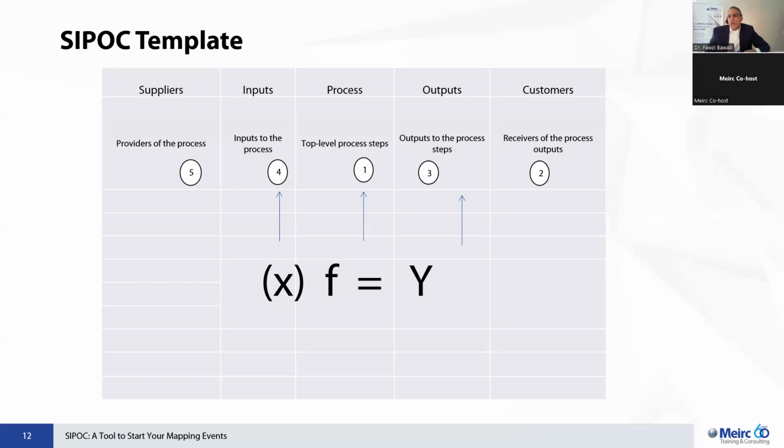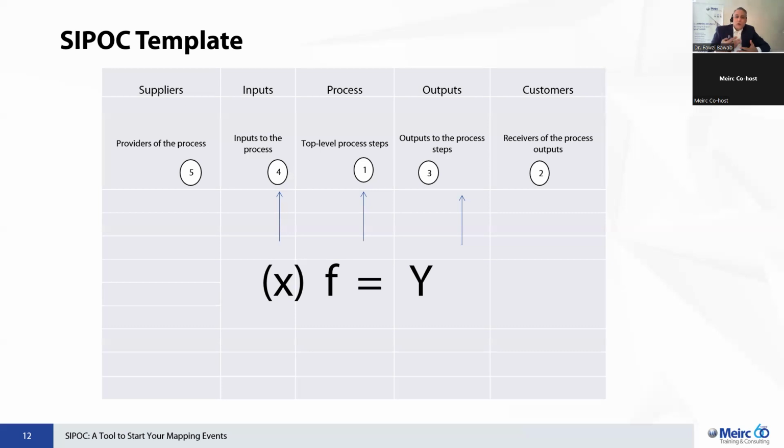You might start with naming the process that is in question here or that you are trying to analyze, and then understanding who are the customers. We prefer that you start at the customer's side once you identify the name of the process, and then you can work backwards to identify the outputs of the process and list them, and then you move to the process steps, and then you can identify the inputs that are needed for the process to operate.